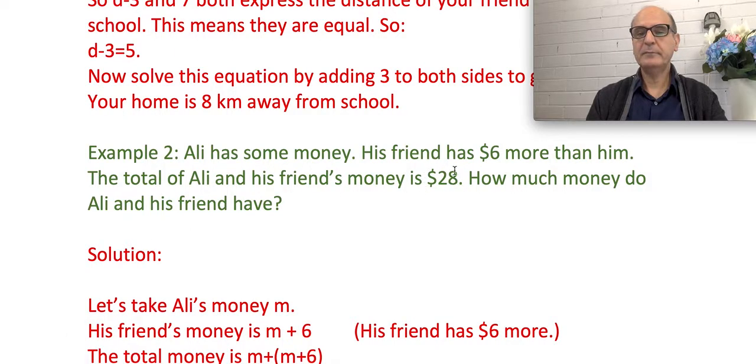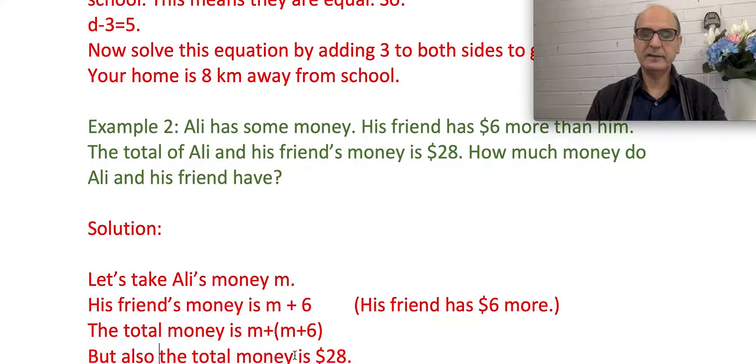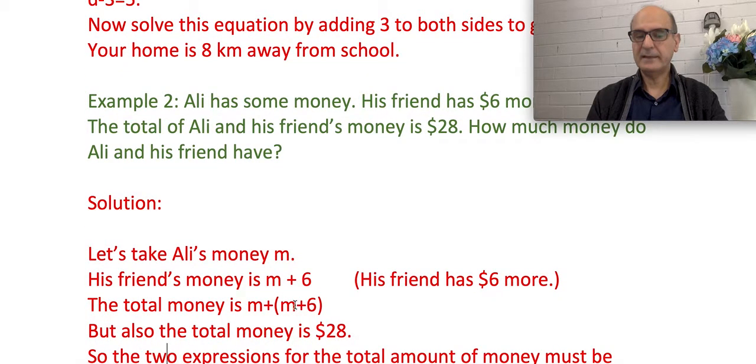But we know that between them they have $28. So Ali's money, which is M, and his friend's money, which is M plus 6, when you add them together, that will be M plus (M plus 6). On the other hand, they are telling us it is 28. So the total money between the two friends is 28, and that total money is also that.